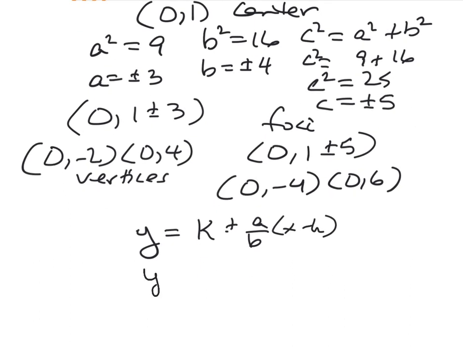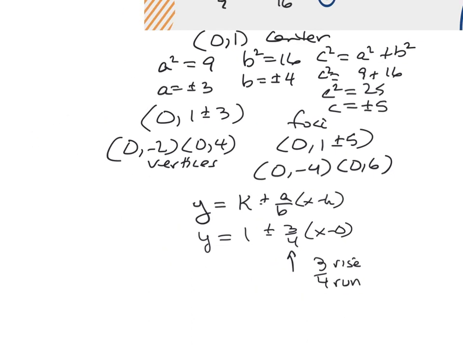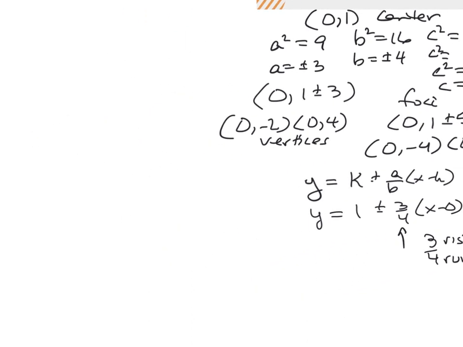So again, my k value from the center is 1. My a value is 3, b is 4, x minus 0. All I need is the slope, because remember, you're going to rise 3 and you're going to run 4 from that center point to graph this hyperbola.